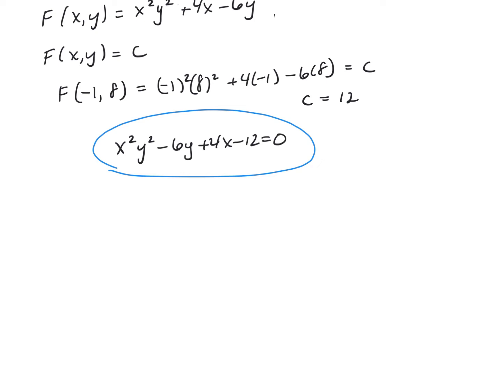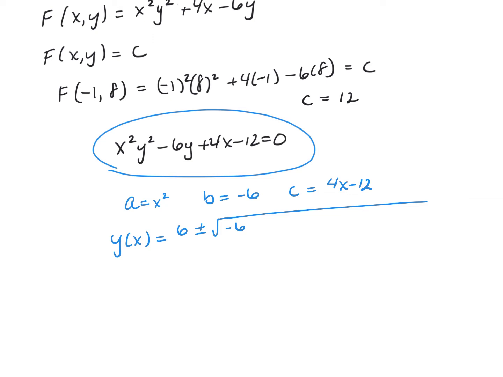What I mean by that is we're going to consider my a being x squared, my b being negative 6, and my c being the 4x minus 12. So solving this with the quadratic equation, y of x is going to equal negative b, which is 6, plus or minus the square root of b squared, negative 6 quantity squared, minus 4 times my a, which is x squared, times my c, which is 4x minus 12, all over 2 times a, so 2 times x squared.